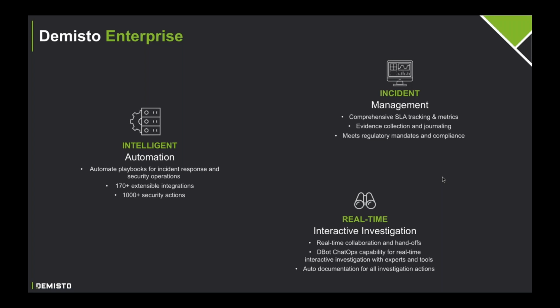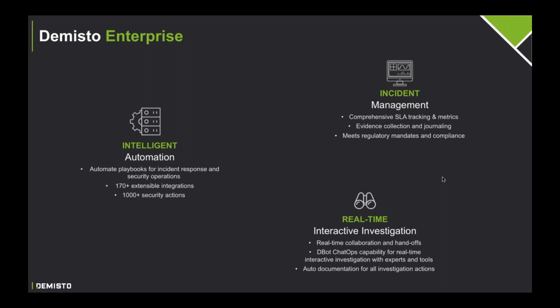You can easily click on each piece of evidence and get it into a central repository. And this also eventually helps meet the regulatory mandates and compliance, because you already have these crucial evidences and chain of custody right in the platform, and you can quickly take a report and show it to the compliance folks.